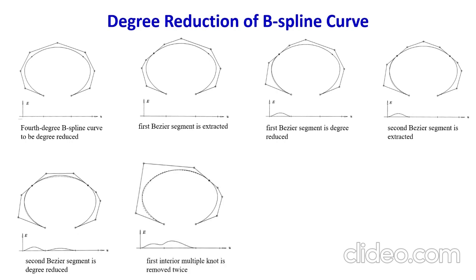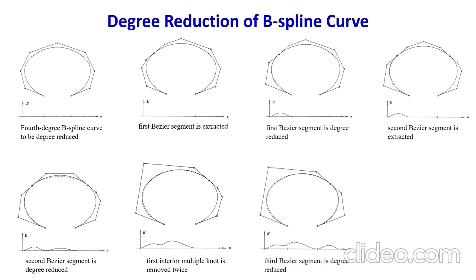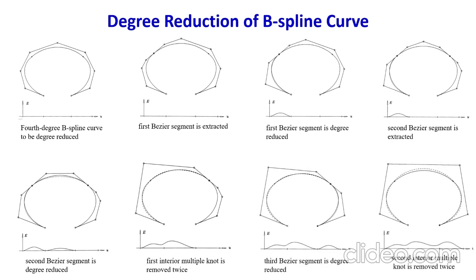The first interior multiple knot is removed twice. The third segment is degree reduced, and the second interior multiple knot is removed twice. So here the dotted line represents the original curve. You can see the error between the original curve and the final curve, which is received after removing the control points. In the final curve we have only 6 control points.